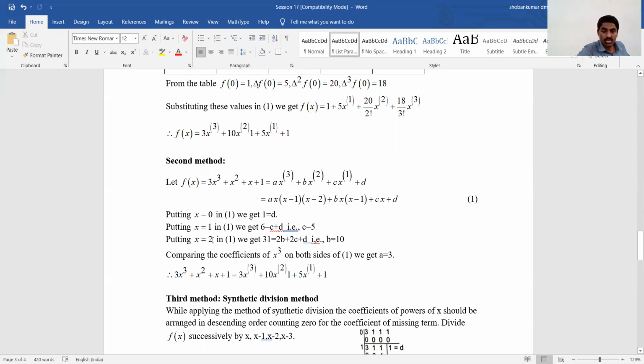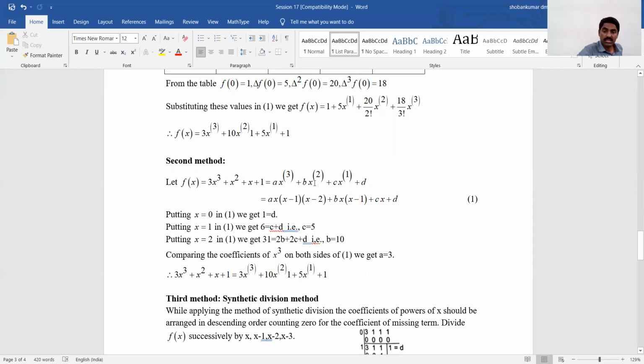And x is equal to 2, we get b. Now we know a, b, c, and d. Comparing the coefficient of x cube on both sides, a should be 3. Now we know all the coefficients a, b, c, d.